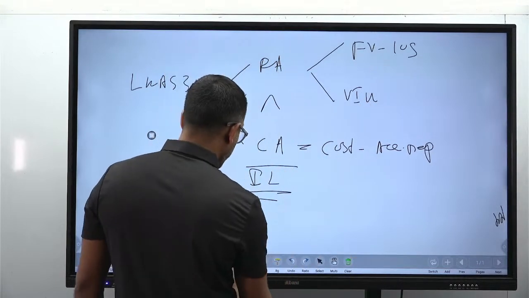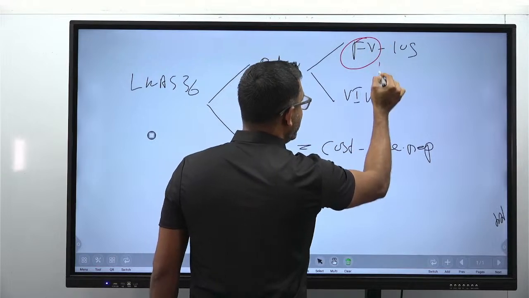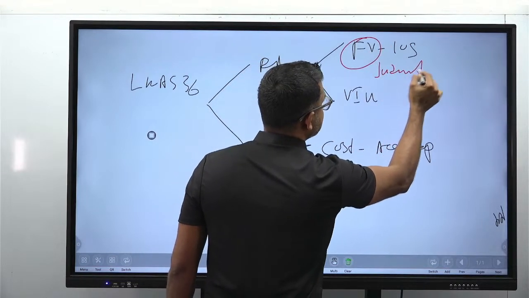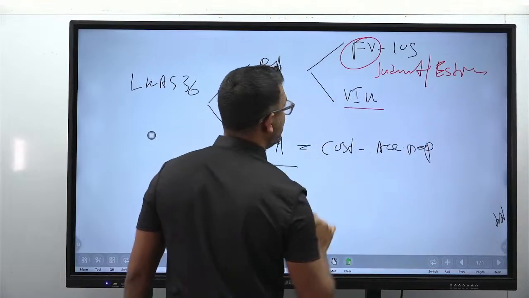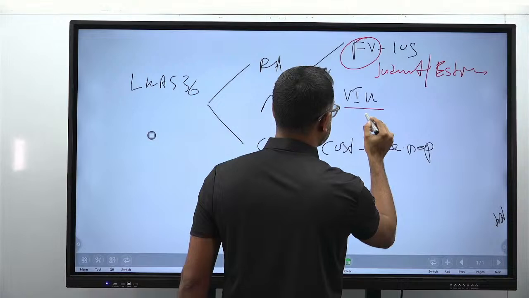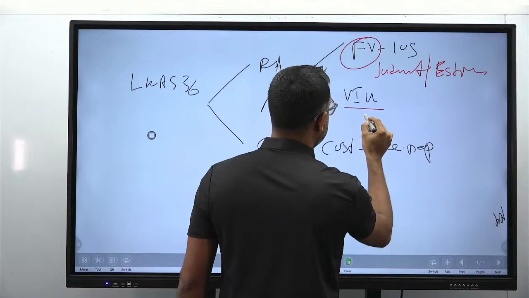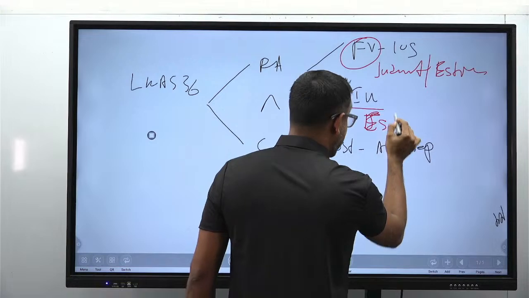Fair value means judgment, estimate. Value in use means present value of future cash flows, discounted cash flows. The discount factor itself is a judgment, an estimate. Future cash flows are estimates.